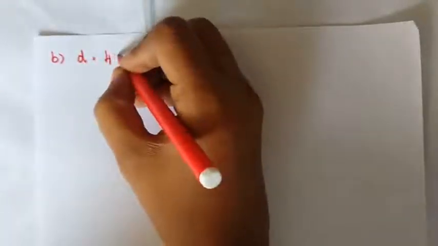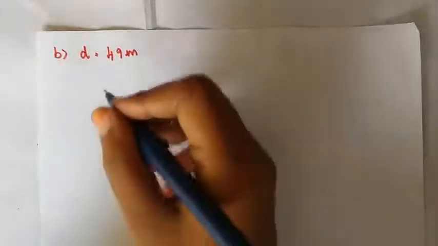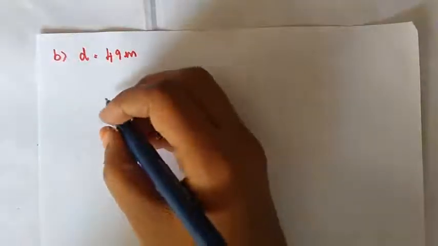Next we have to move to subdivision B. Diameter equal to 49 meter. This is our question. What do you mean by diameter? It is nothing but radius is just half of the diameter. So here also we have to write the formula of area.